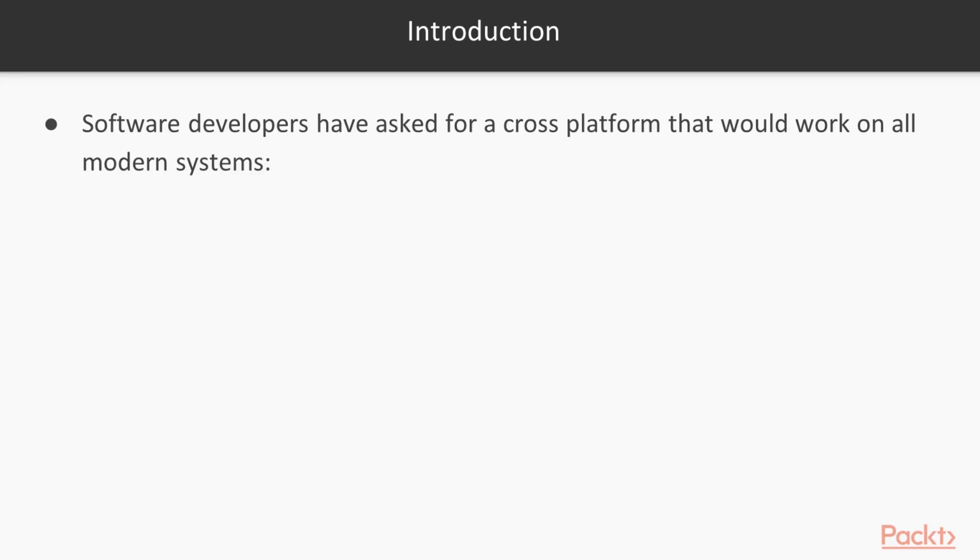In our introduction here, we talk a little bit about how software developers were looking for cross-platform answers that would help them on modern systems develop products for either Windows, especially Windows 10 now, Linux, or Mac OS, and be able to use not only a basic set of tools that are indigenous to those platforms.